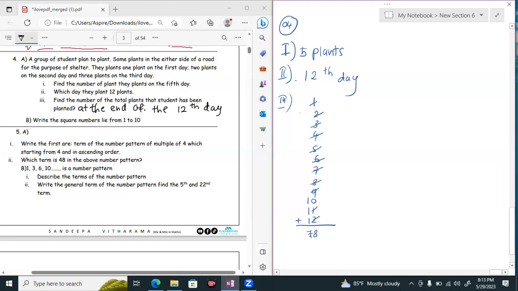It is 78. The sum of the plants that they have planted at the end of the 12th day is 78. Am I correct? That is the answer you have got.